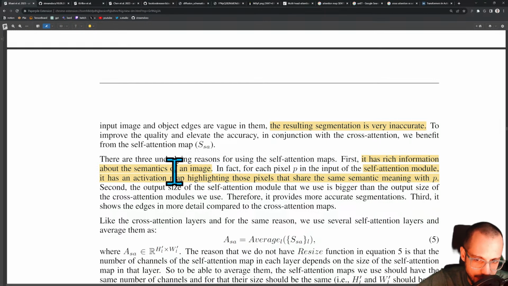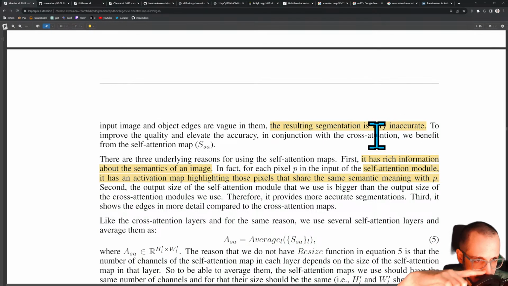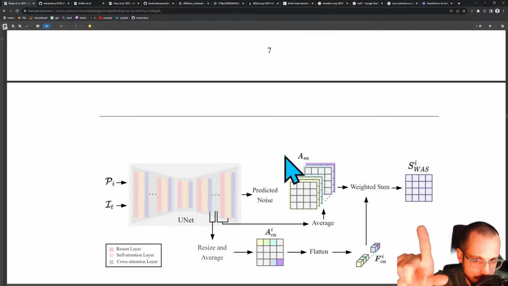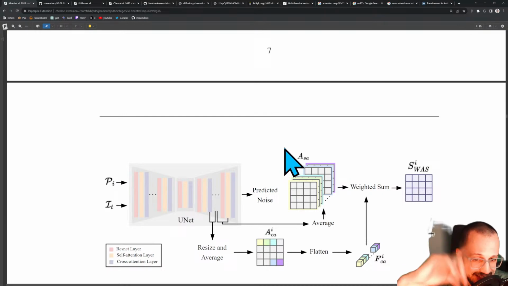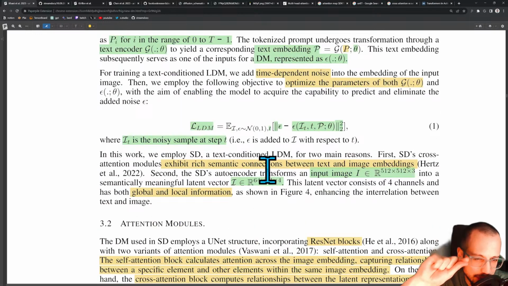Okay, so here's what's going on: the cross-attention between the text and the image information is not very clean. That's what they're saying here. The segmentation is kind of inaccurate. But the self-attention map, which is between image and image, is very clean, right? It's extremely clean because it's down to the pixel level.